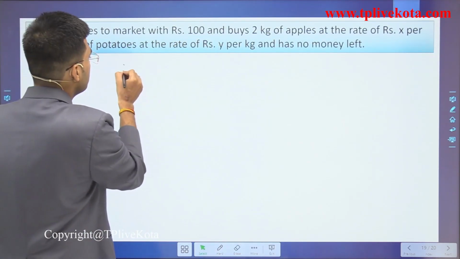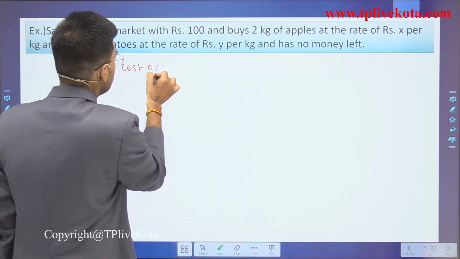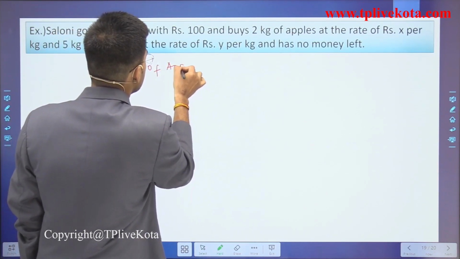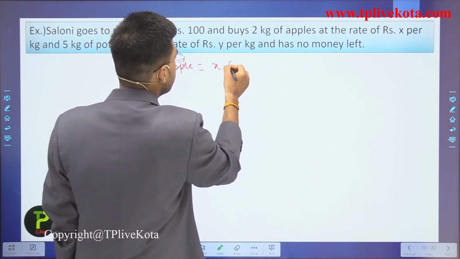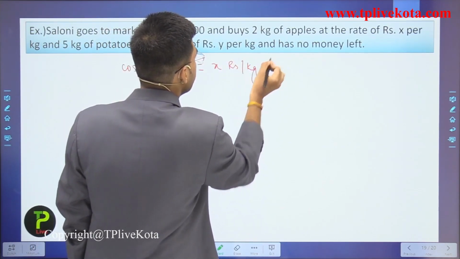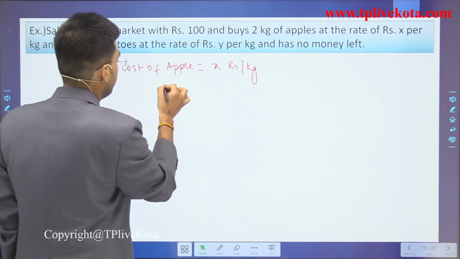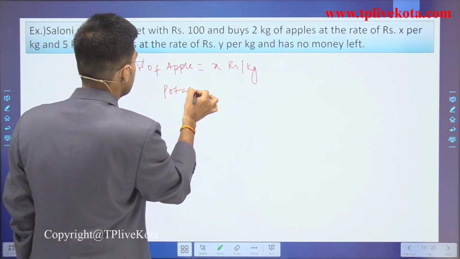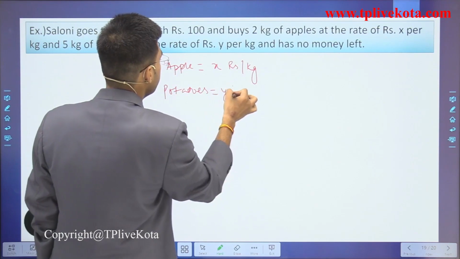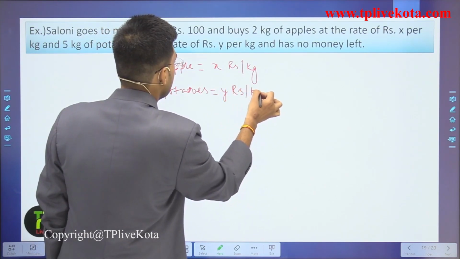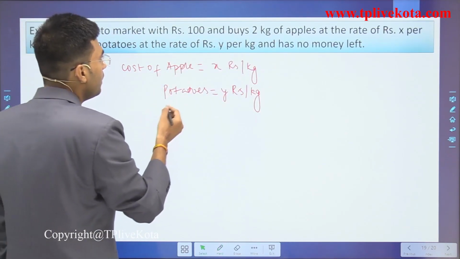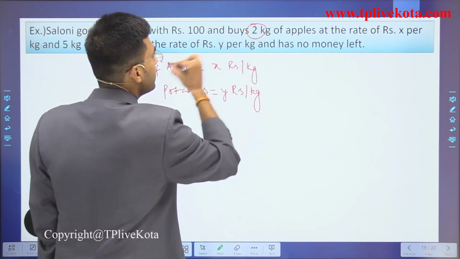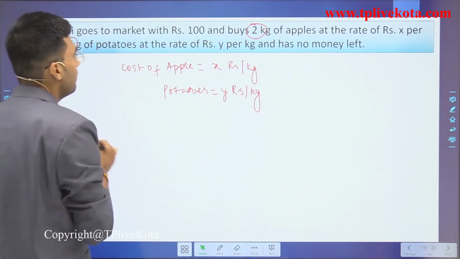So the cost of apple is what? The cost of apple is x rupees per kg, and the cost of potato is y rupees per kg. Clear? Now she purchased 2 kg apple and 5 kg potato.